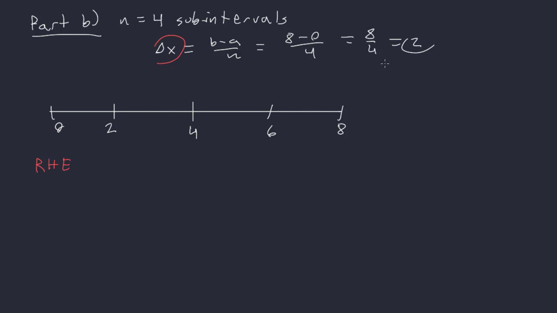That is going to be true for all of these. And when we use the right-handed side, we use v of 8, v of 6, v of 4, and v of 2. We don't use v of 0 for a height.